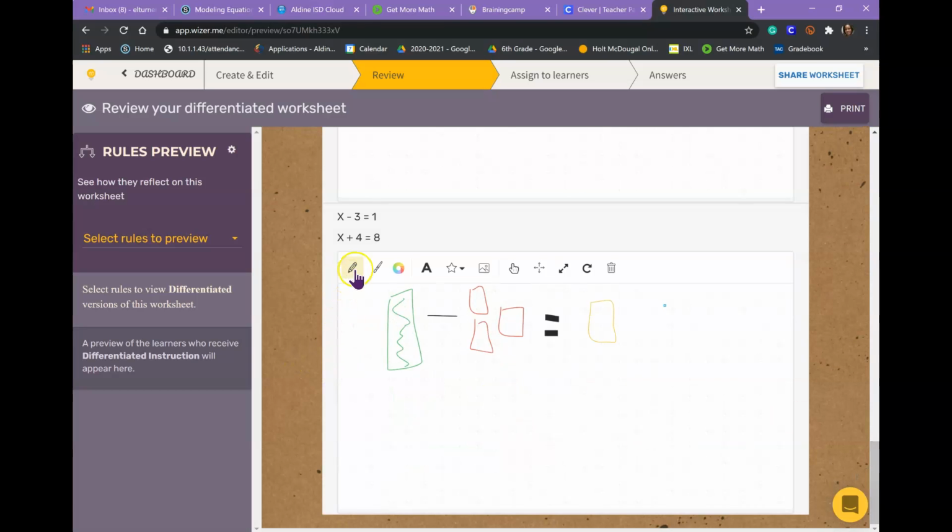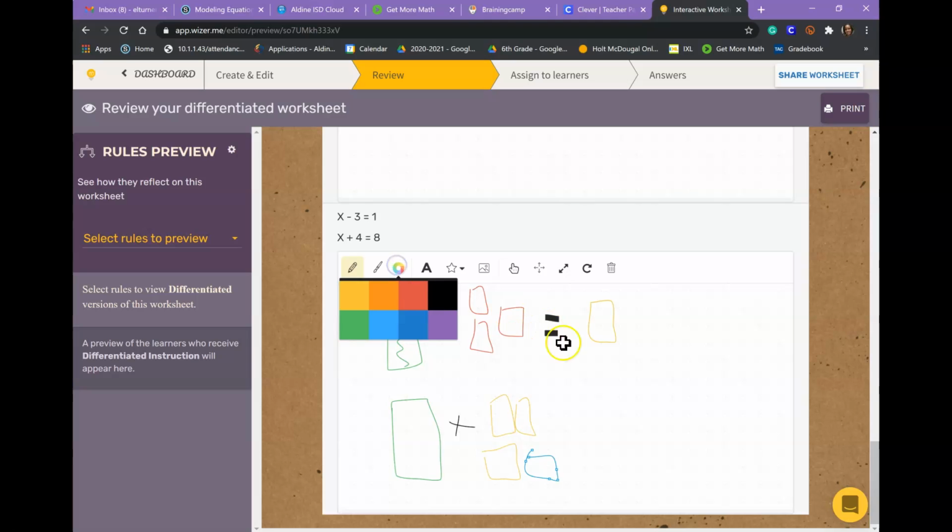Now I'm going to draw my second equation, and again, my x is symbolized with a green rectangle. Then this one I'm adding, so I'll just say plus. Then I'll say plus 4, and it's positive, so it'll be yellow. So 1, 2, 3, 4.